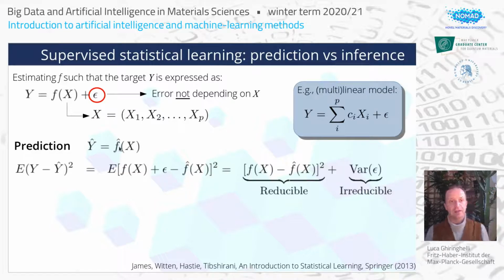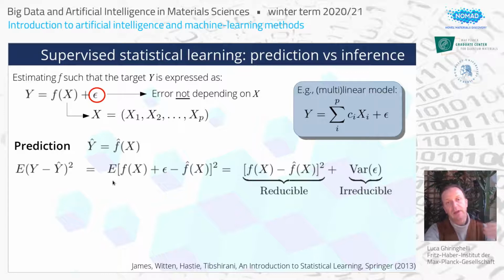So it is interesting at this point to look into the error that one makes when evaluating the value of y by means of this function f with respect to the true values. So this term here is the expectation value of the square difference between these two quantities over all the observations.